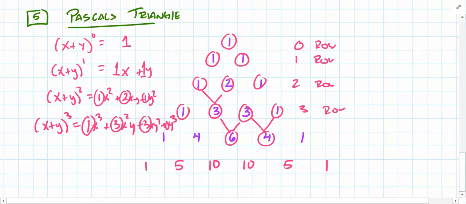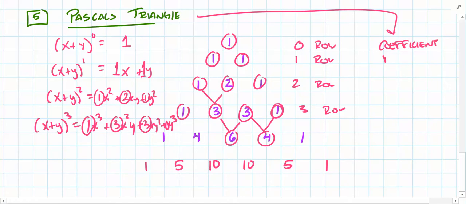So Pascal's triangle gives us the coefficients in front of our terms. So this gives us the coefficients for binomial expansions.